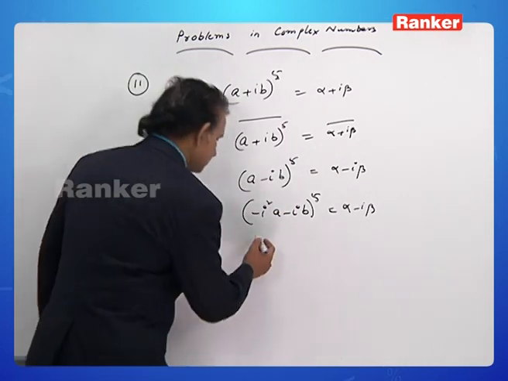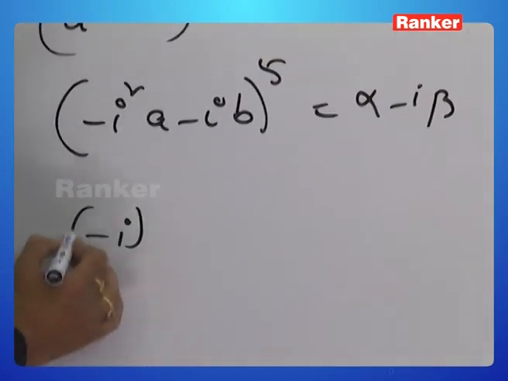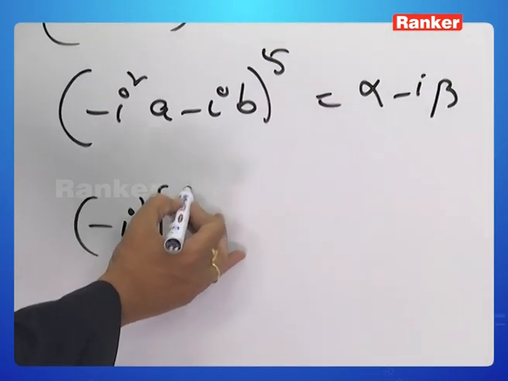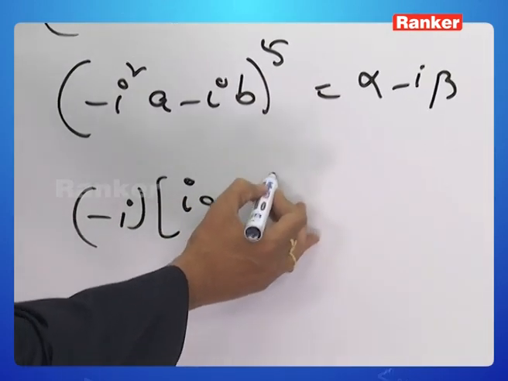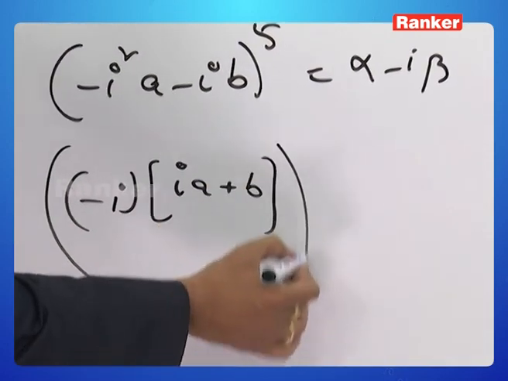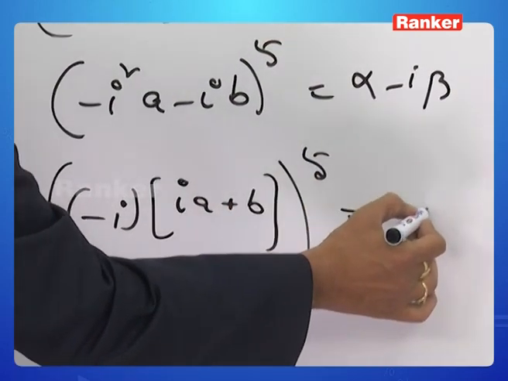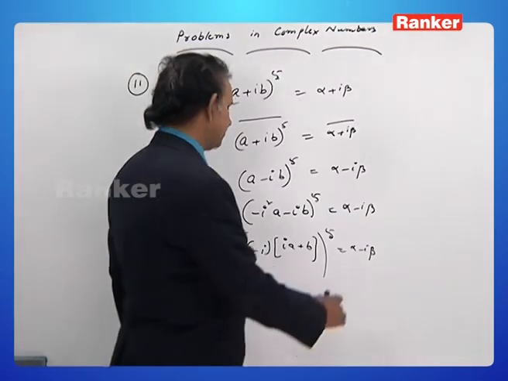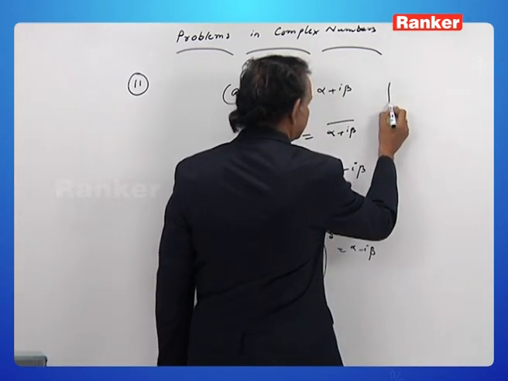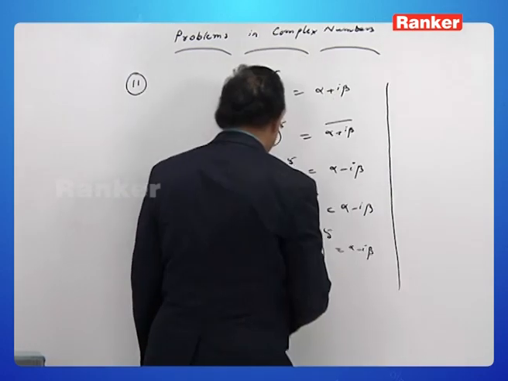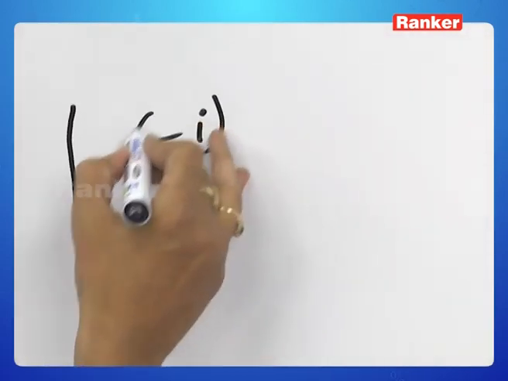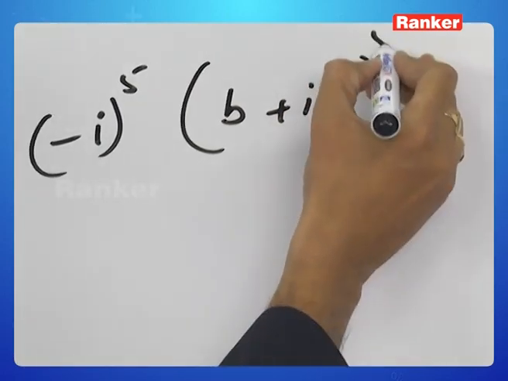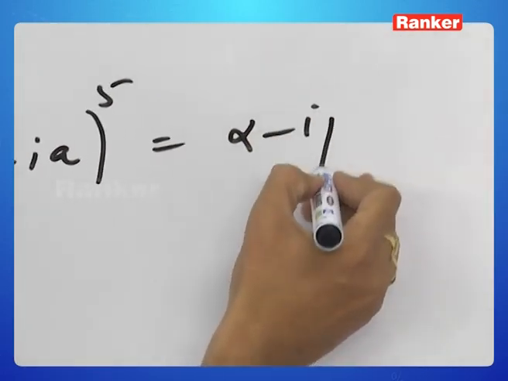Well, from this we have (−i(ia + b))^5 = α − iβ. That is, (−i)^5 (b + ia)^5 = α − iβ.